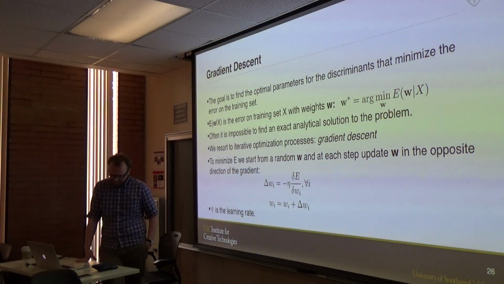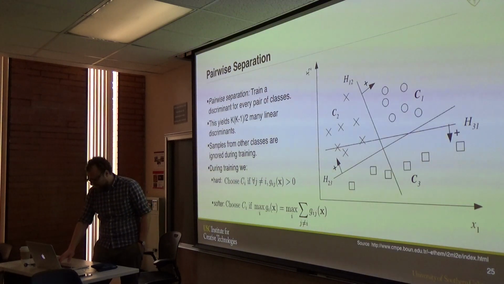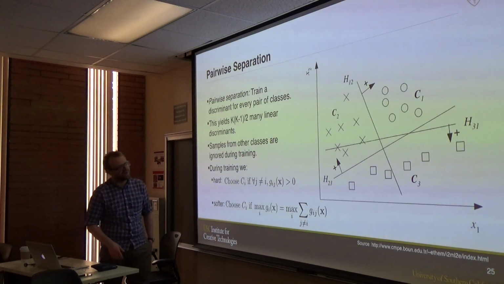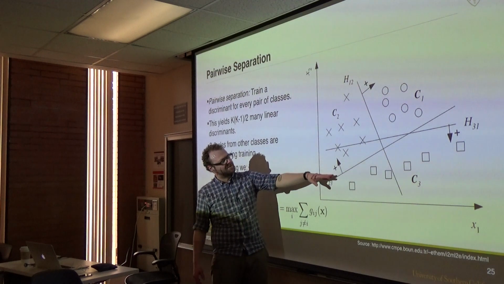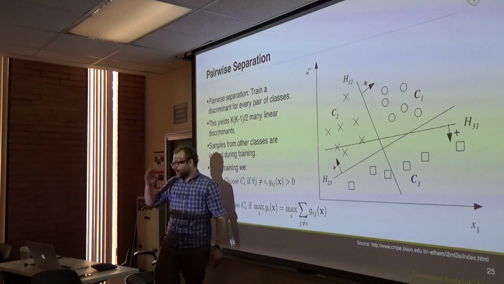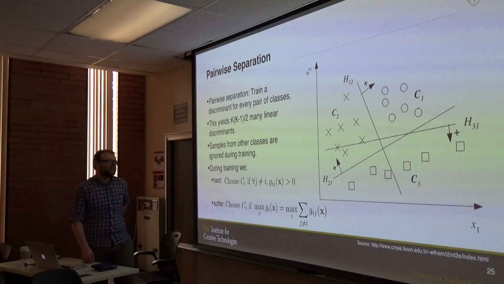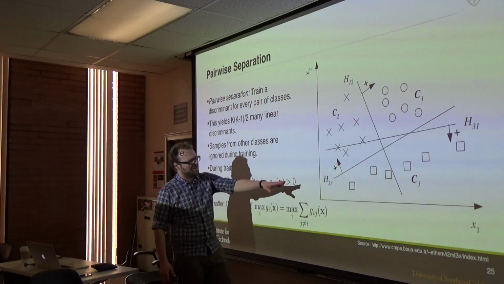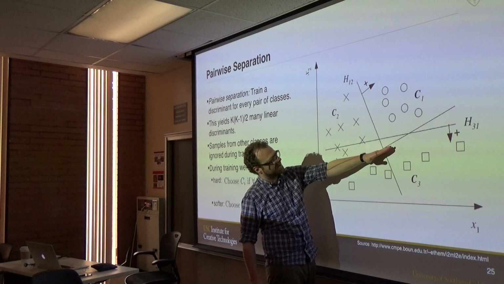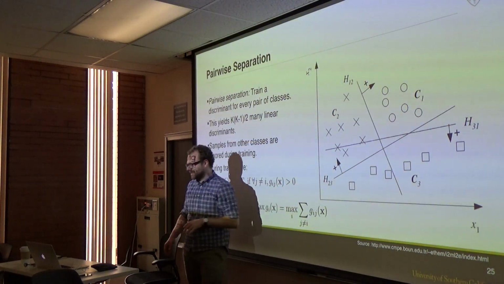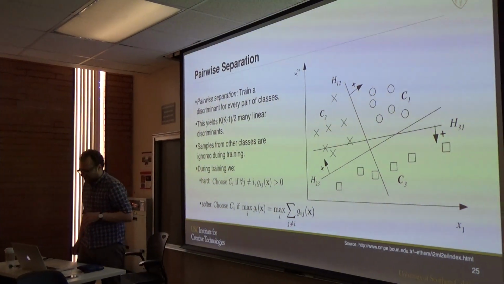We looked at it in a geometric way, where on one side of the line you would decide to have one class over the other, and we identified that we need to come up with the parameters that define these separations or these discriminant functions.